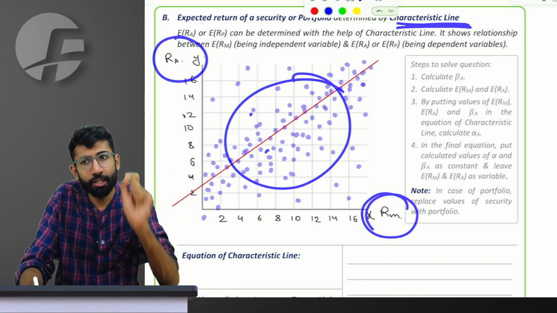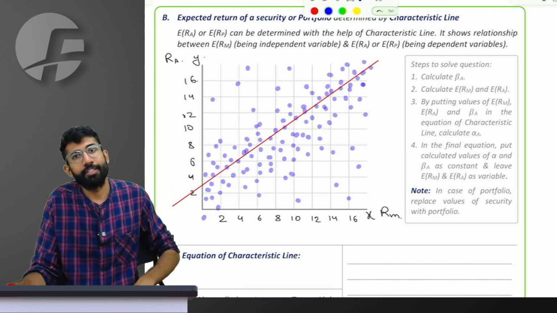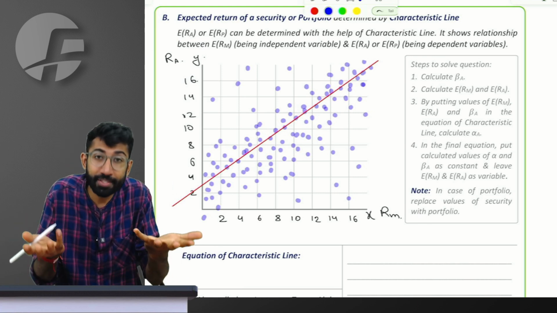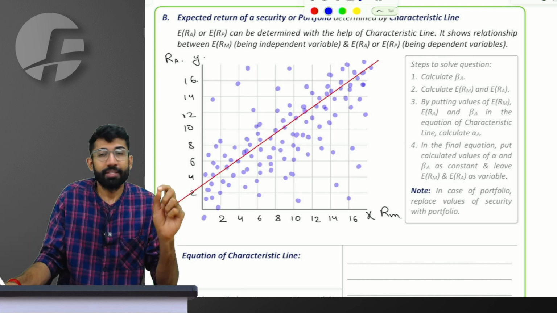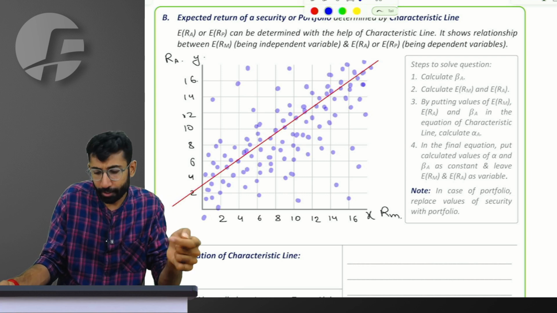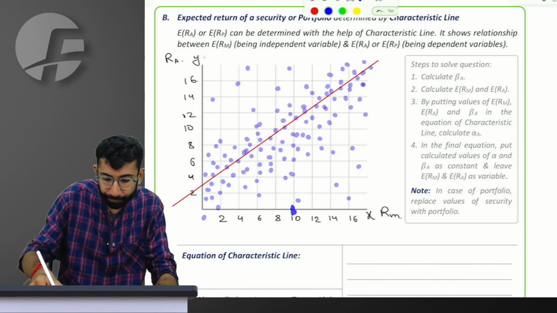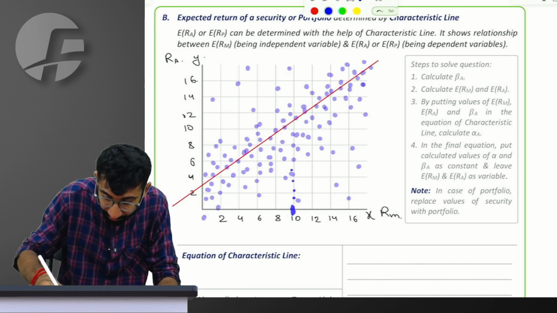Sir, how will it be used to predict the future returns? Life is pretty simple. Sharpe says the return of a security depends on the market. For example, if you are expecting the return of the market to be 10%, you can simply look at the line and find out where this line turns out to be at this 10%.